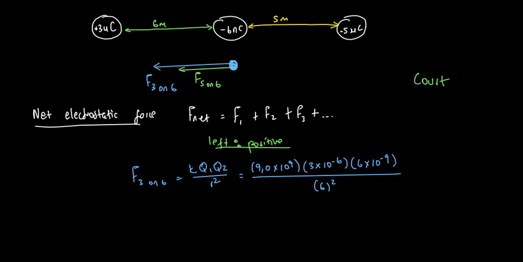It's going to be 4 comma something, 4,3, 4,5. Is it 4,5 times 10 to the power negative 6 coulombs? Can you check for me, good people?